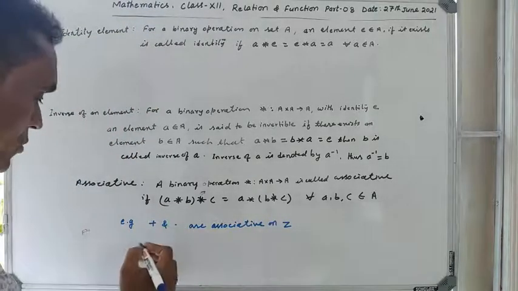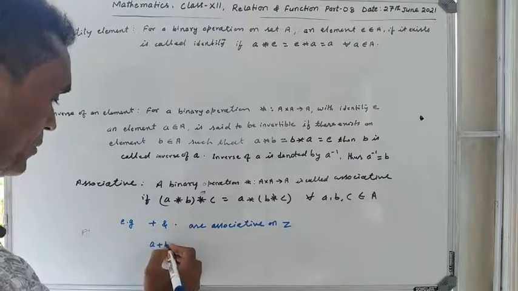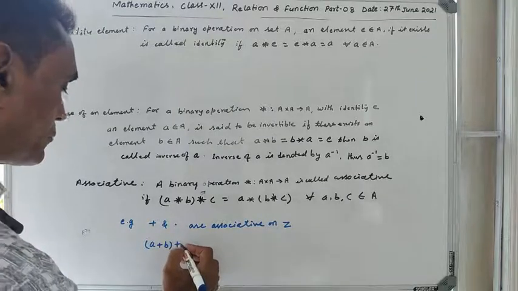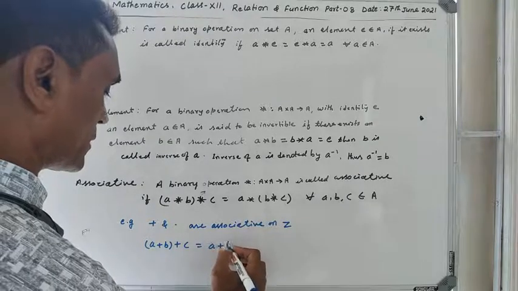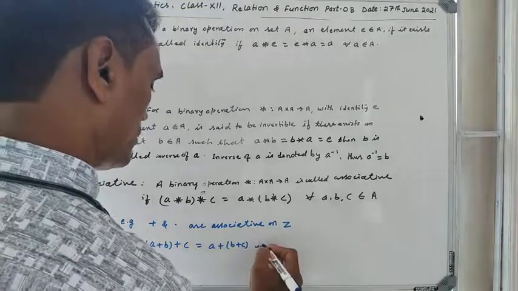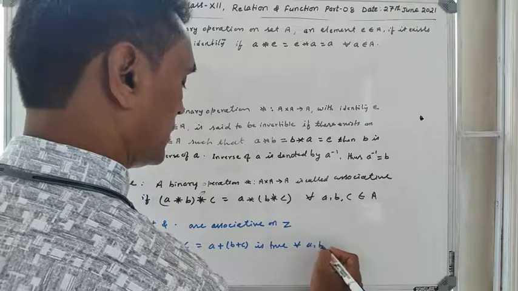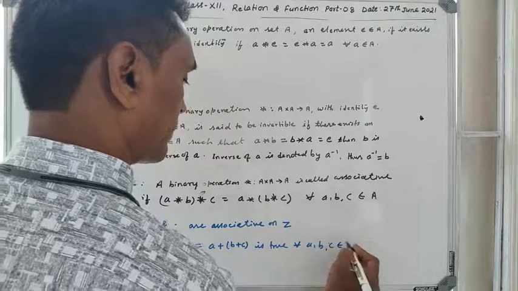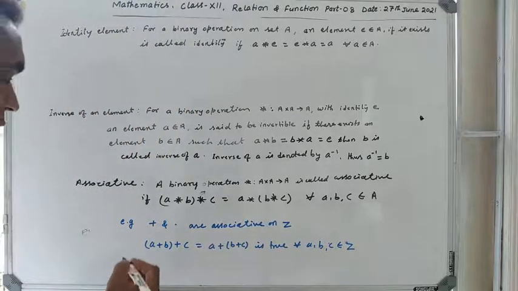Why is it associative? For addition, (a plus b) plus c is equal to a plus (b plus c). This is true for all a, b and c belongs to Z. So the addition is associative.